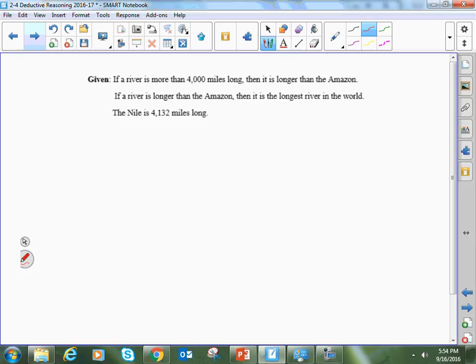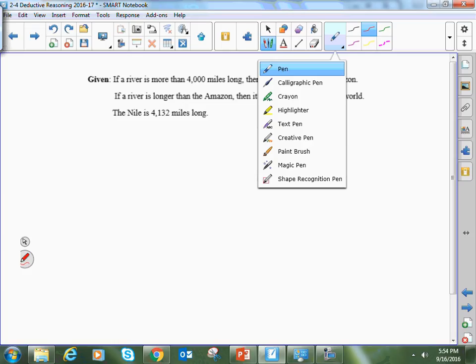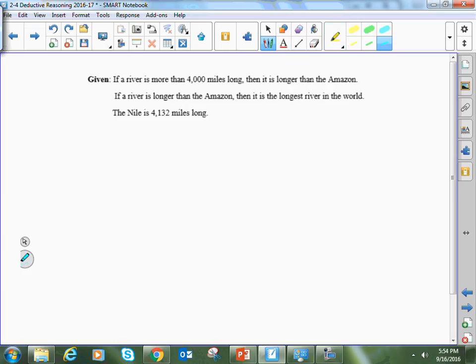All right. So let's see what we have here. Looking at the conditional statements that we were given, I'm going to see, does the conclusion of the first statement match the hypothesis of the second one? And they do. The conclusion of the first sentence is talking about something being longer than the Amazon, and the hypothesis of the second one is saying the same thing.